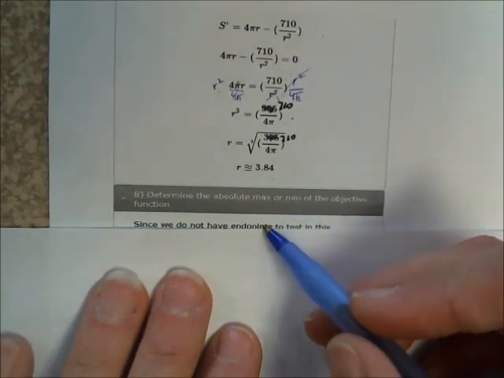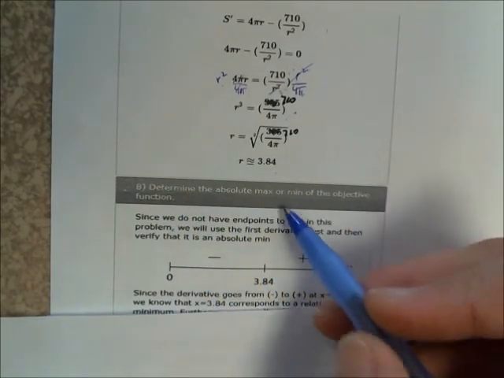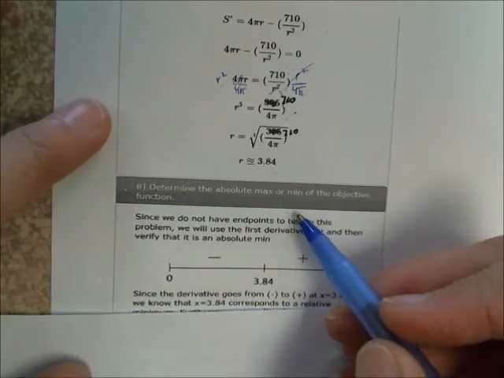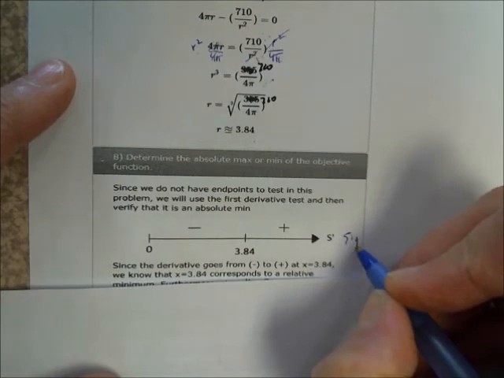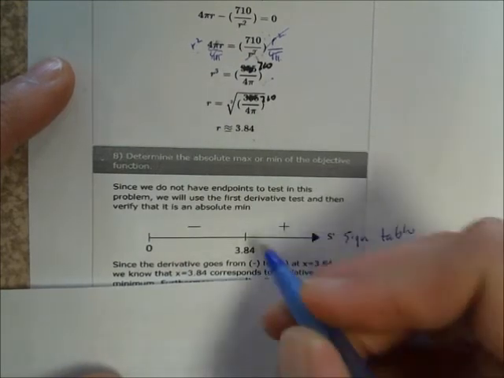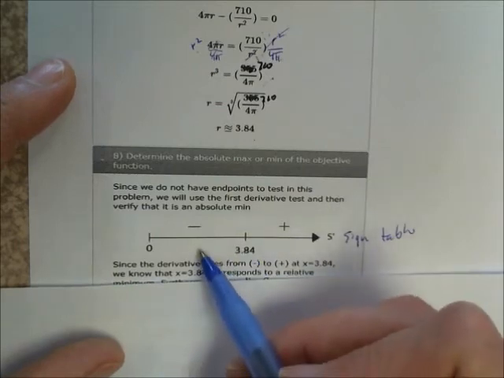And now the next step, step 8, determine if it's an absolute max or a min. We have to do a sign table, so we have an s prime sign table here. We put the 3.8 for the critical number, and then we do a couple of test points into the derivative.